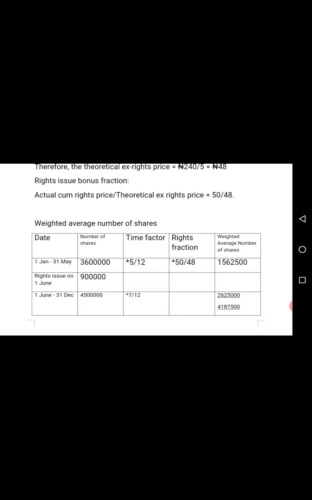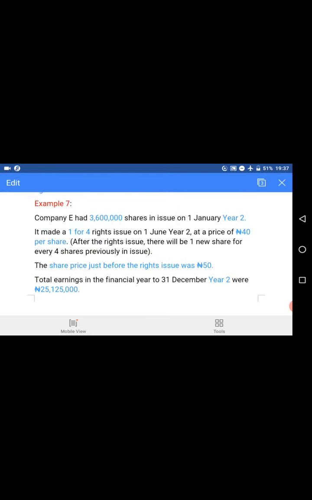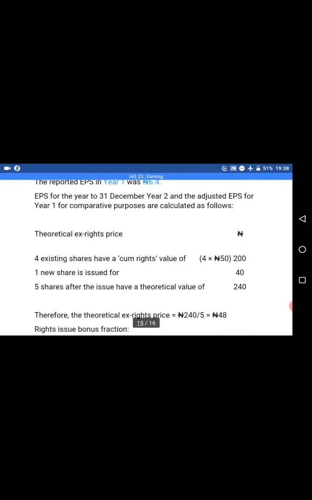You could get 900,000 shares by saying 1 for 4. That means for every 4 shares, you get 1 extra. 3.6 million divided by 4 is equal to 900,000. So for every 4 you get 1, and in 3.6 million you get 900,000 shares.